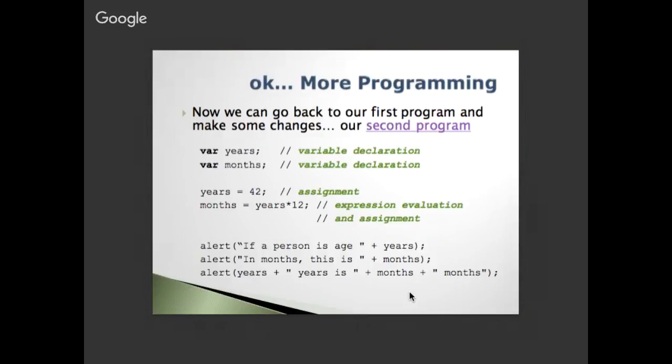Then three alert statements. If a person is age years, it's going to put in the value for years, which is 42. In months, this is months, which would be years times 12. Then years, space, years is space, months plus months. It's going to put both of those together in an alert statement and a mathematical statement.